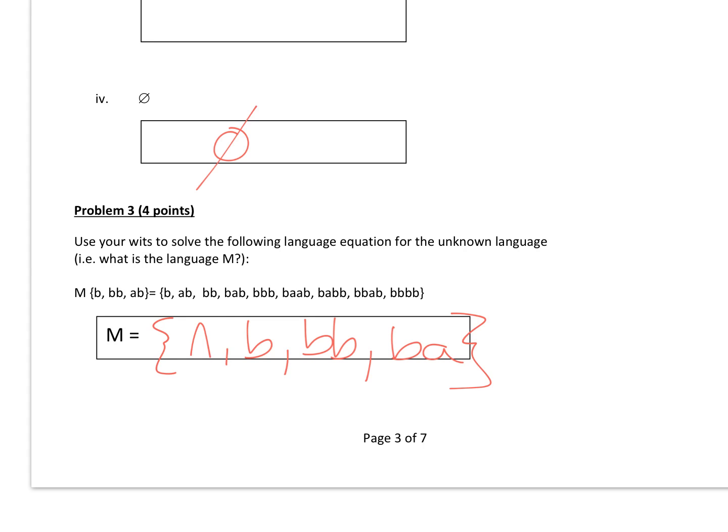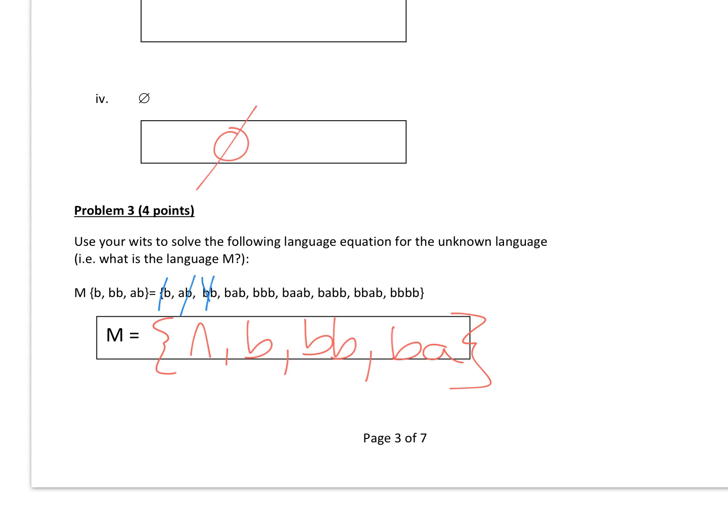So if we take a lambda and squish it, concatenate it with a B, a BB, or an AB, that gives us B, BB, and AB. If we take the B and we put that in front of each of these, that gives us a BB, a triple B, or a BAB.